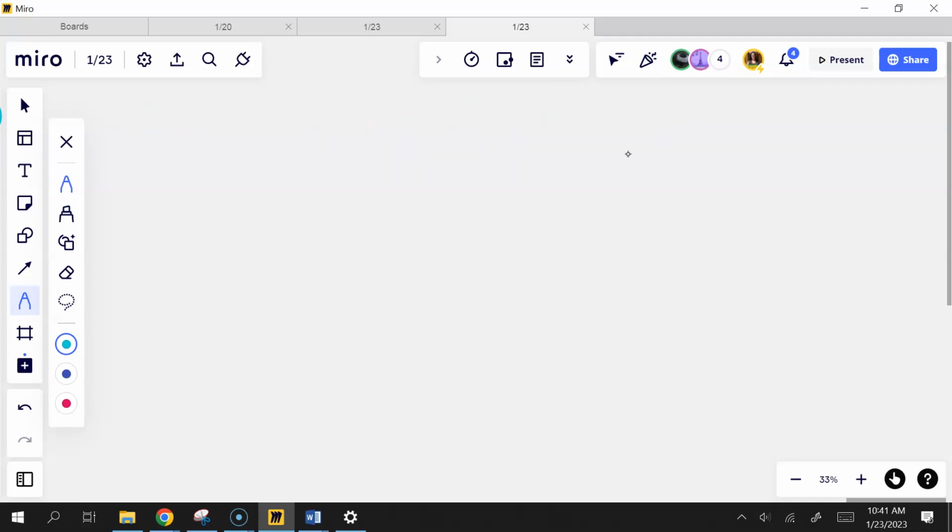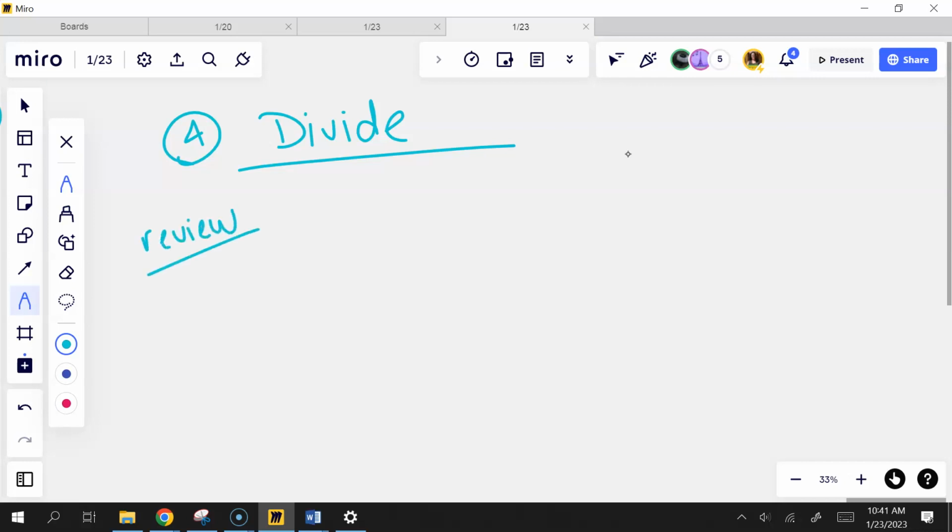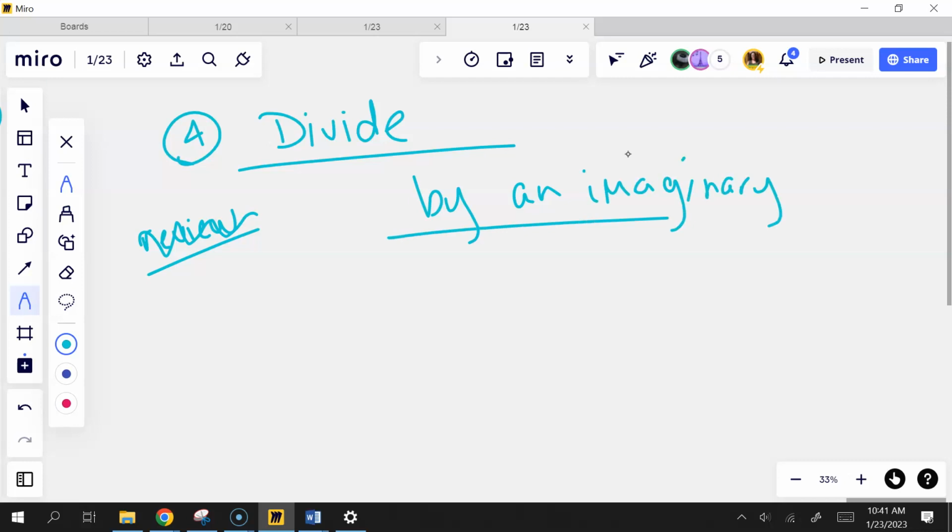Okay, so here we go. When we divide, very last thing. Let me refresh you because an imaginary number is not a complex number. It is a part of a complex, but it is not a complex. So, review. I'm going to divide this into 2 parts. I'm going to say divide by an imaginary because I'm not sure that we actually did it.